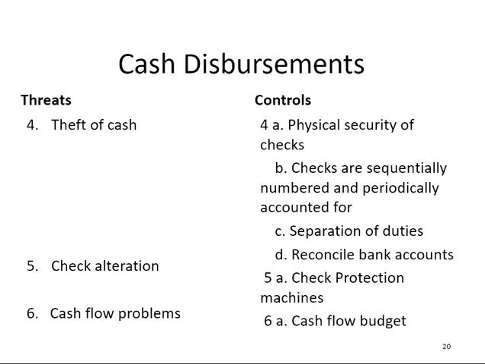And reconciliation of bank accounts is also a good tool to detect theft of cash. We also need to be careful about check alterations. Make sure that checks are protected well. And to make sure we have enough cash to pay suppliers, we need to have a good cash flow budget.